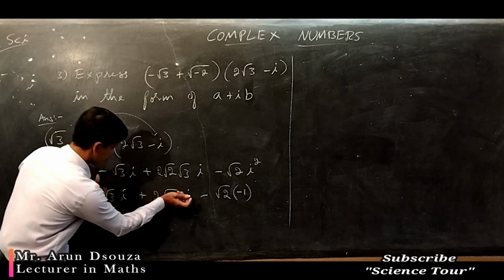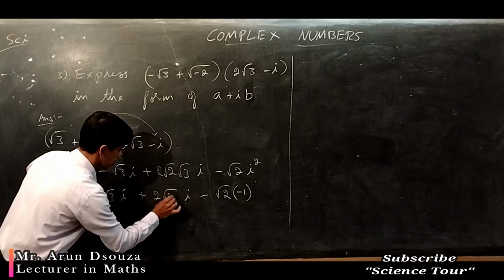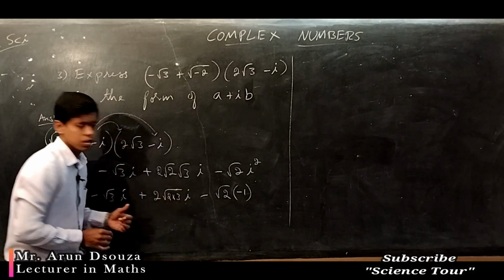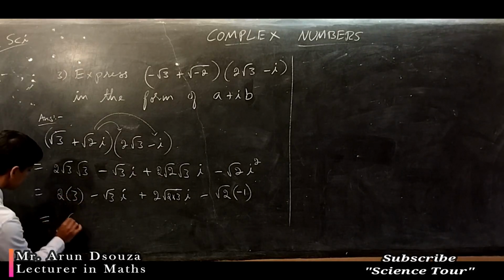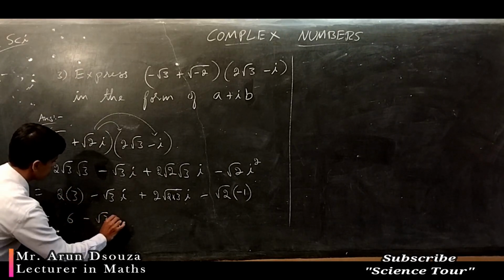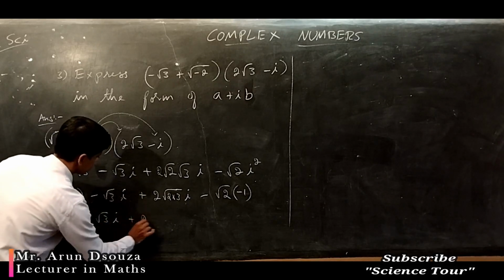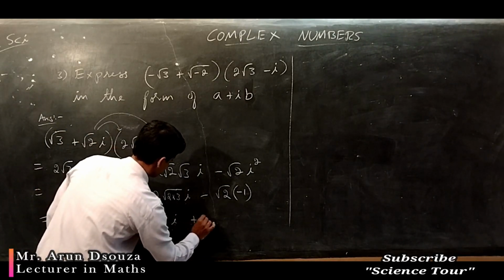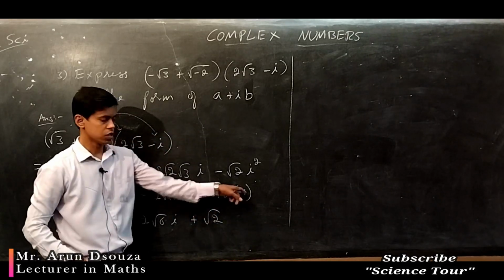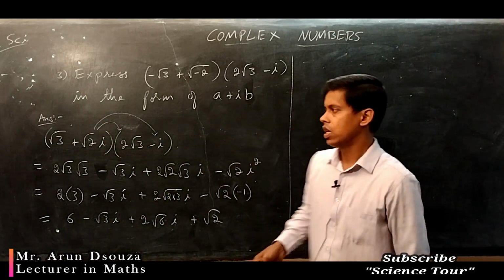If you need one more step, you can write this as 2 into 3. I don't mind. Now this is 6 minus root 3I plus 2 root 6, and then plus root 2. This minus into minus will be plus.